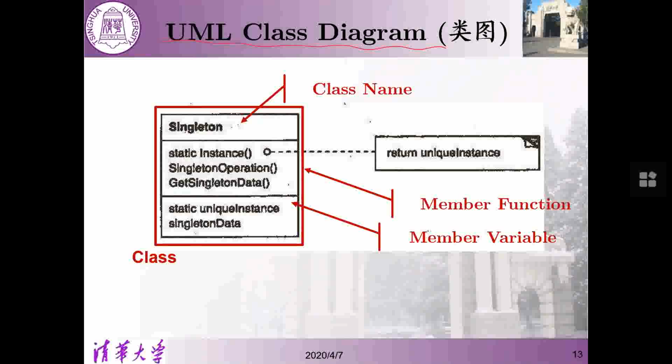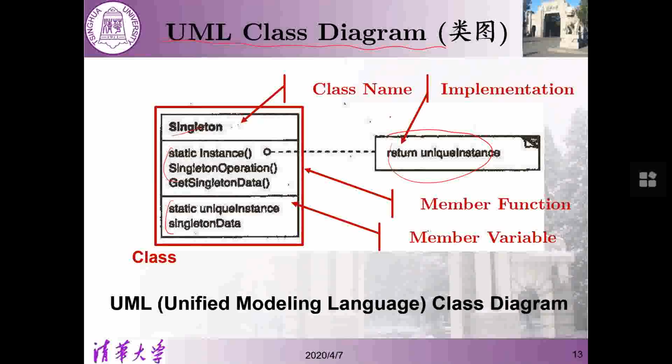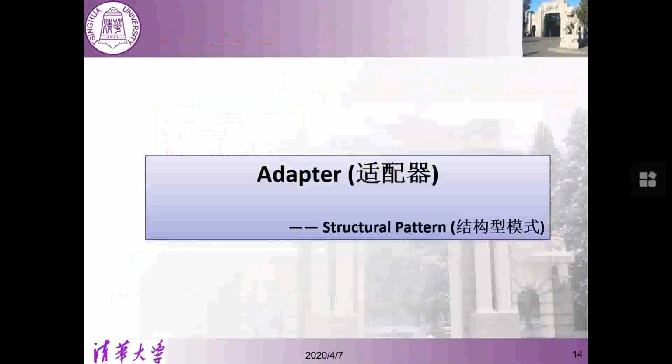Right? The class name, member function, and the data member. And this is the implementation. So this is a Unified Modeling Language class diagram. Typically we use this to demonstrate the relationships between classes.